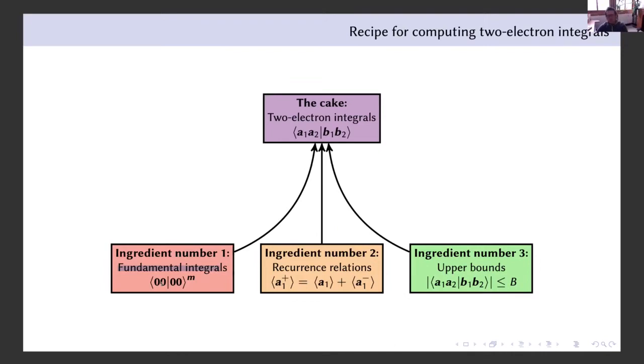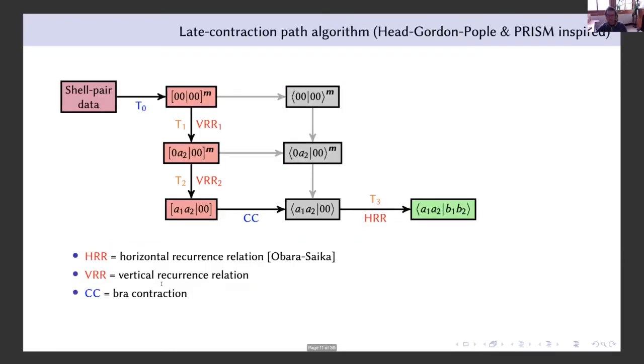You need to use recurrence relations, so you're going to increase the angular momentum in your integrals with recurrence relations. That's the way of doing it efficiently. And the third ingredient that you will need is upper bounds to be able to skip the calculation of the integrals that are small, okay? So that's the 3 main ingredients.